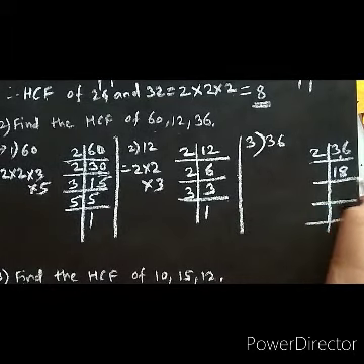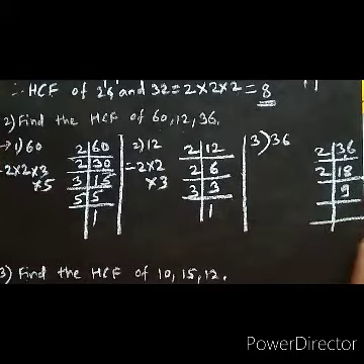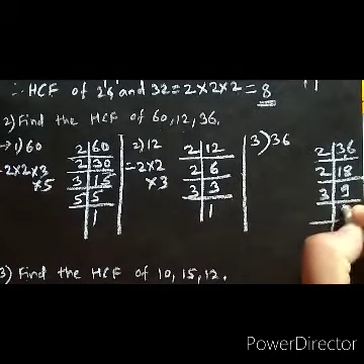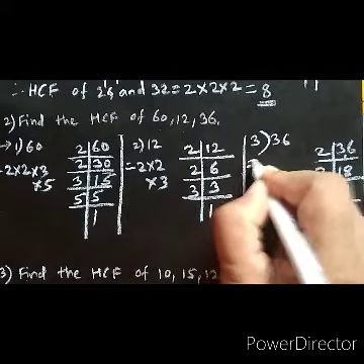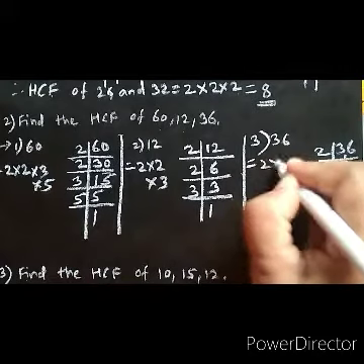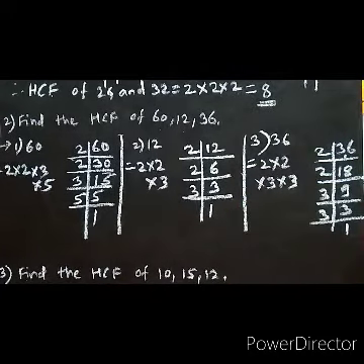See in 2's table 18 is there, 2 nines are 18. Now 9 is an odd number, therefore dividing by 3, 3 threes are 9 and 3 ones are 3. So we got here factors of 36, 2 into 2 into 3 into 3.